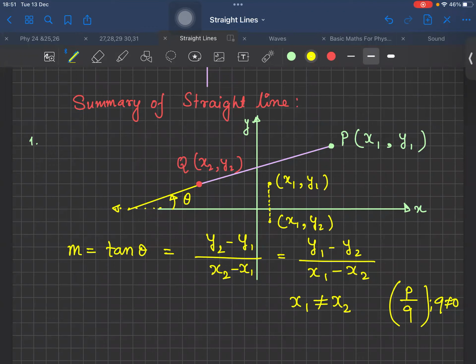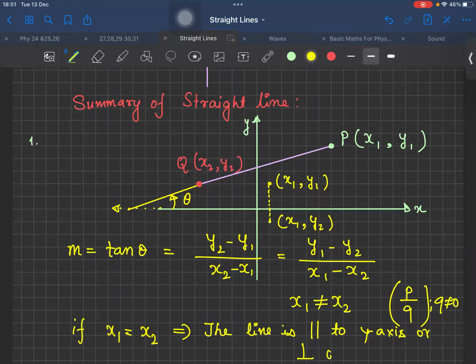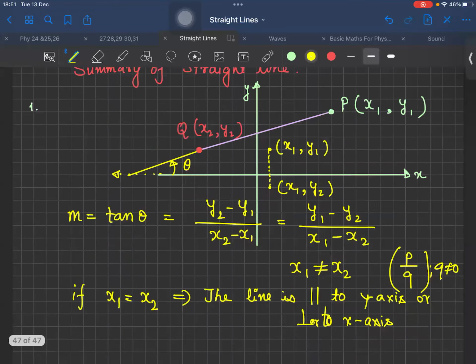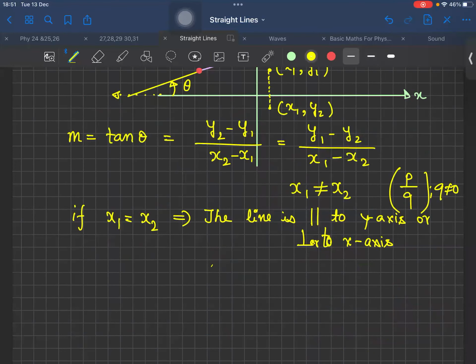That means if x1 is equal to x2, the line is parallel to the y-axis or perpendicular to the x-axis. That means slope m is not defined. Understood?